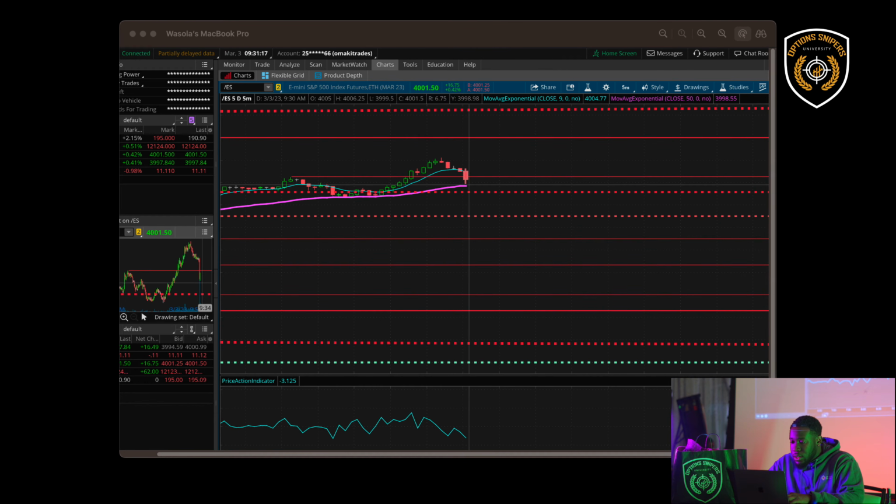However, it looks like it's trying to stay above the 50, right? So let's make sure we keep that in mind. If we see a long wick, or what would look like a stem, but in trading we call it a wick, if we see a long wick that would lend us to believe we're going to the upside, then that would be further confirmation that we would be getting calls.